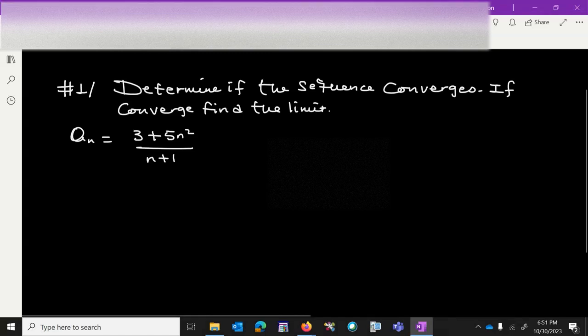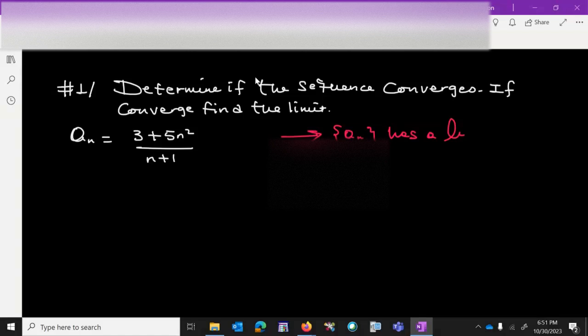Before saying whether it diverges or converges, let's remember something. This is very important background knowledge: the sequence a sub n has a limit, and the limit expression is the limit of a sub n as n approaches infinity is equal to L. L is just a number, the limit of that sequence.